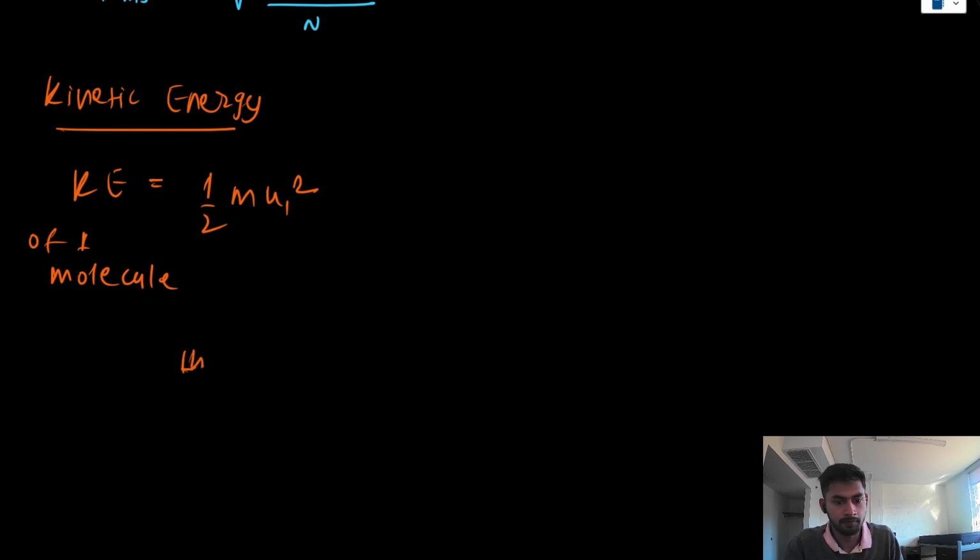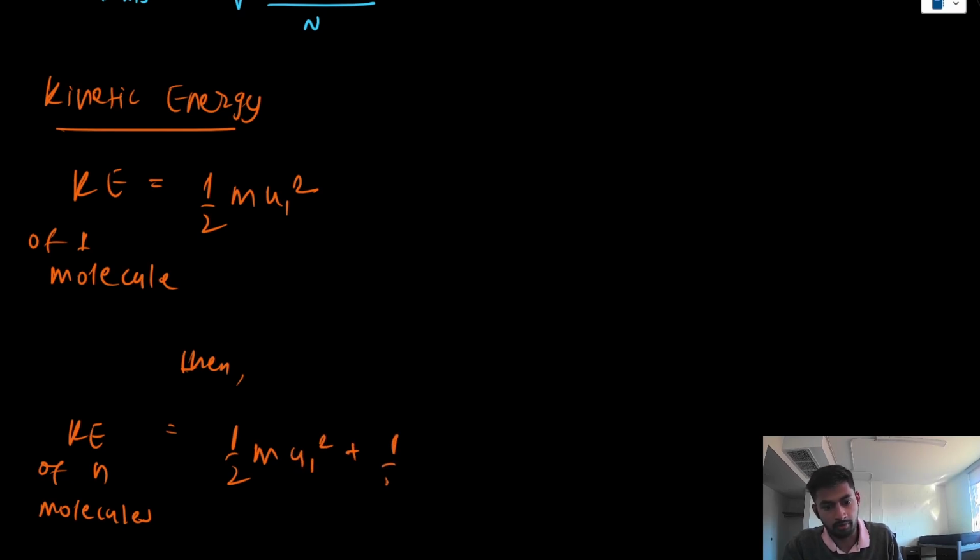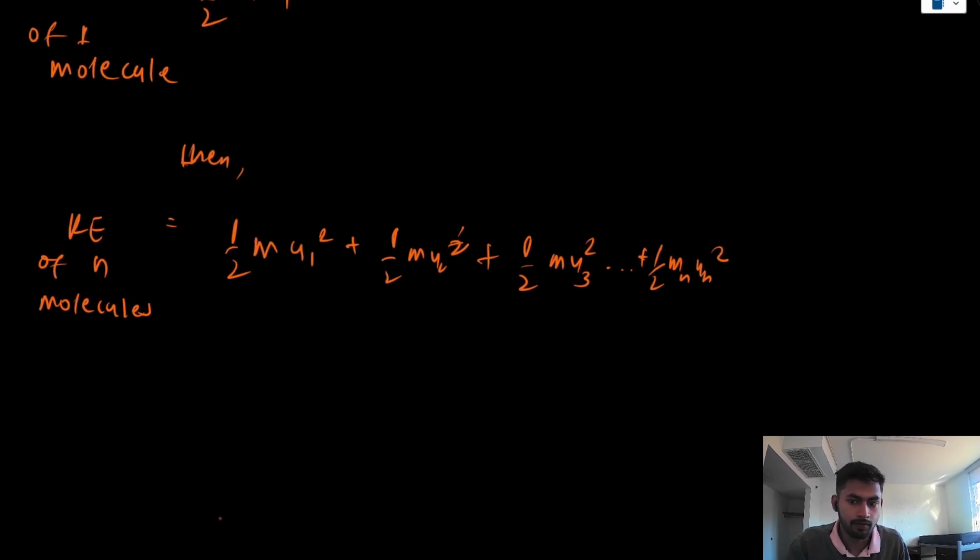Then kinetic energy of n molecules would be 1/2 m u1 squared plus 1/2 m u2 squared plus 1/2 m u3 squared, up to 1/2 m un squared, right?